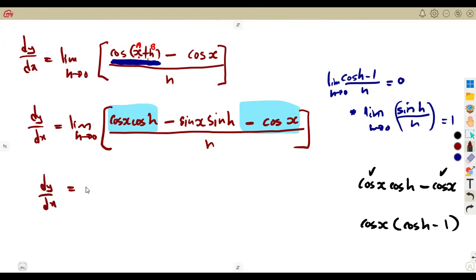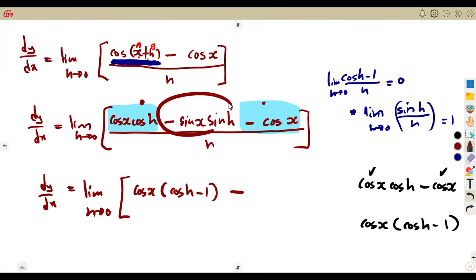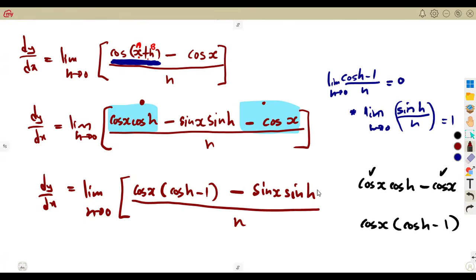So dy/dx is going to be the limit as h approaches 0. The first and last terms combined are going to give us cos x into (cos h minus 1), minus the middle term that we had before, which is sin x sin h, everything over h.